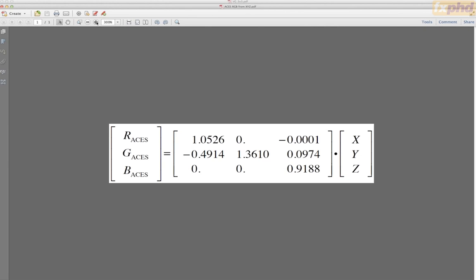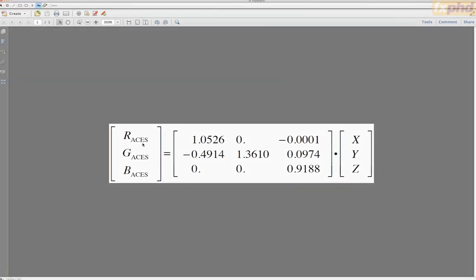And you can see that the ACES red is just a rescaling of the big X. And the rescaling is really associated with the fact that the white point is chosen a little differently than the assumed white point in the XYZ system.